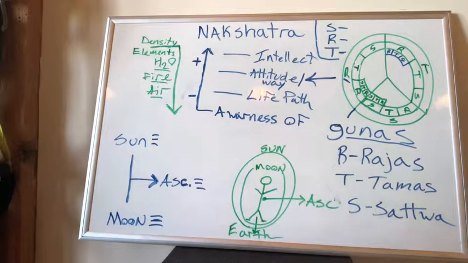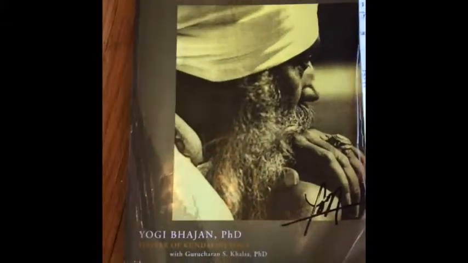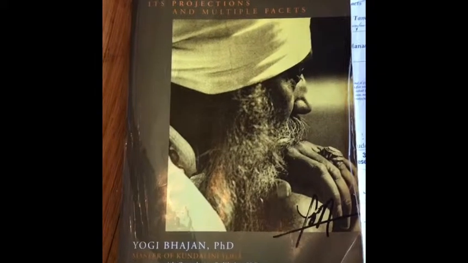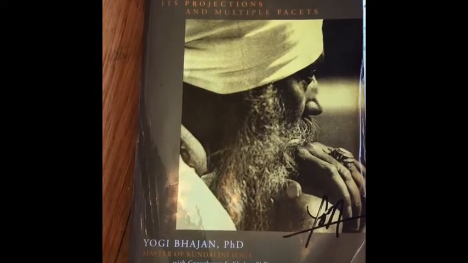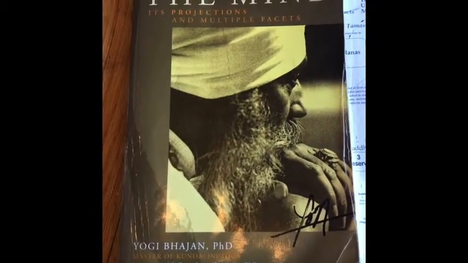In the next portion of this video, I'm going to go ahead and cover the books that you can get this information out of. All right, so what I've got focused on here is a book called The Mind. This book was written by Yogi Bhajan, and this is the book from which I got the content.